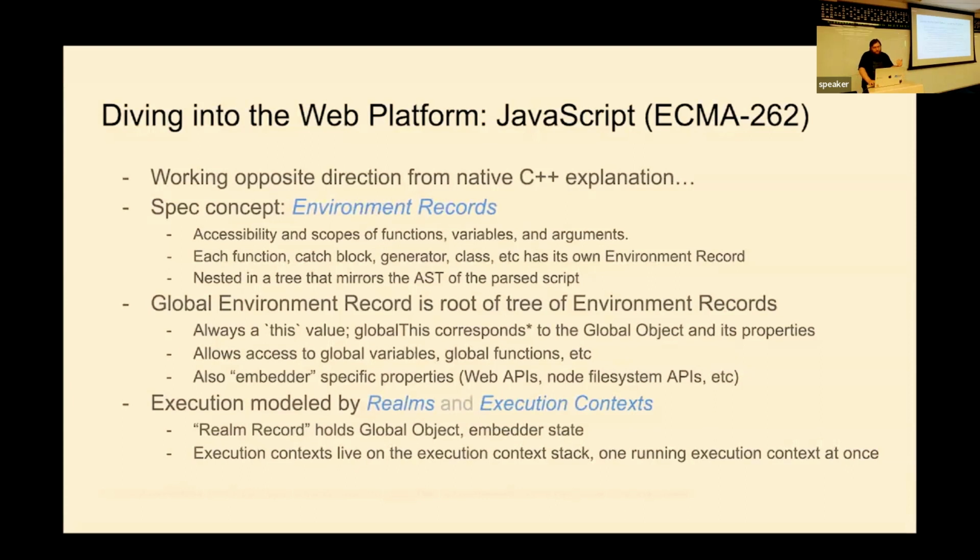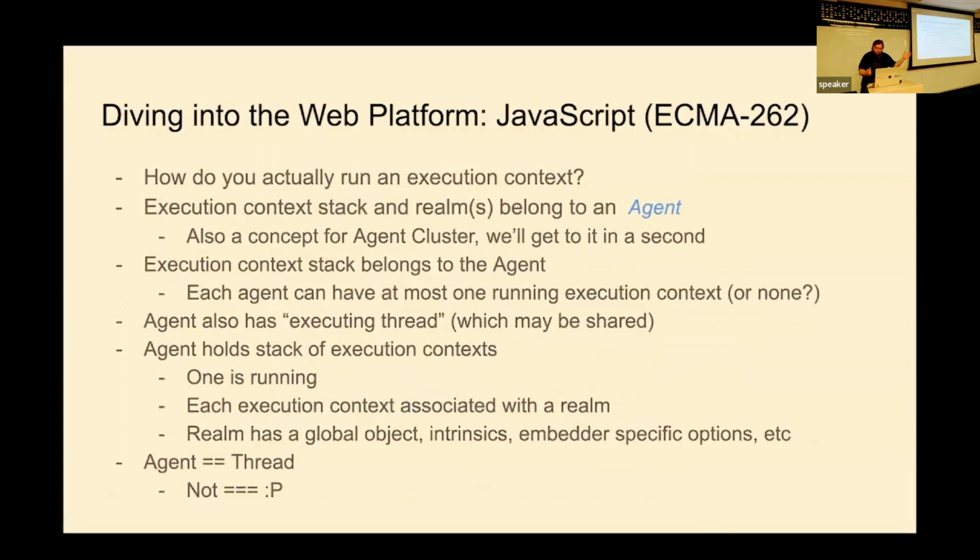There is an execution context stack where whoever is running this VM has to pop and push execution contexts to figure out which one is actually running at any given time on a specific thread of execution. So how does that work?